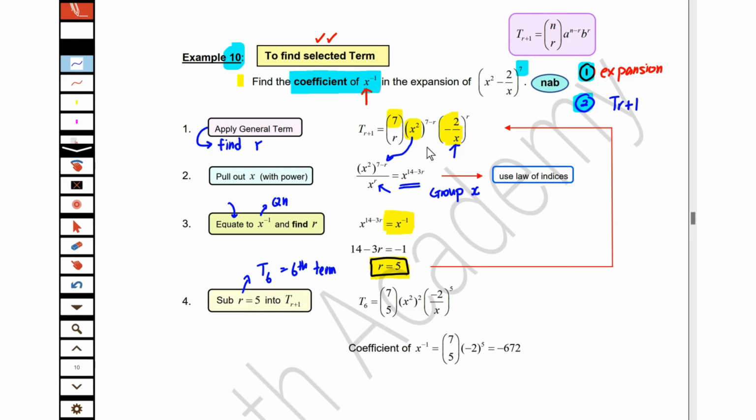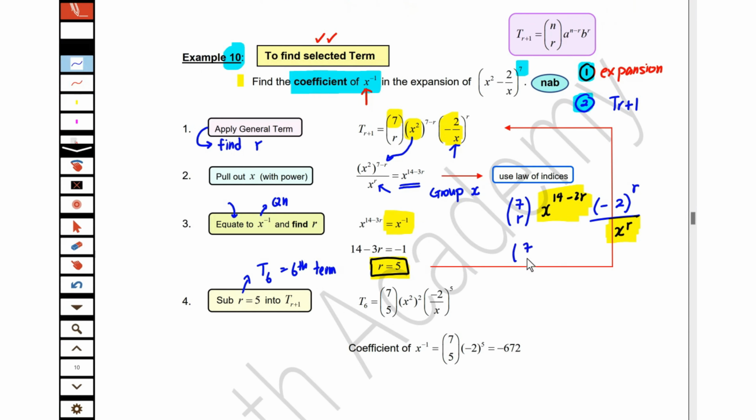With regards to your general term, I shall now write out again 7 choose R, x power 14 minus 2R, negative 2 power R, followed by x power R. Now I have grouped the x together, as you can see in my step number 2.